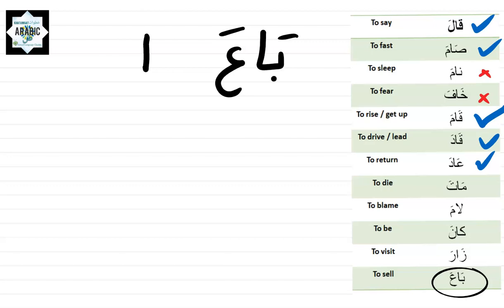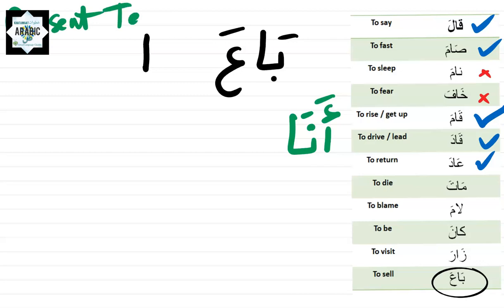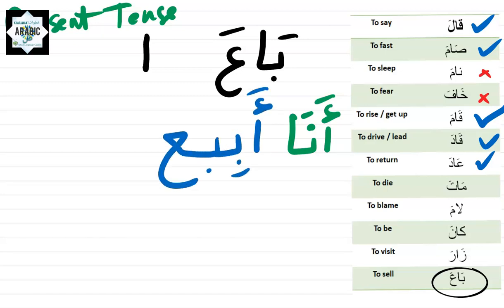Then I will follow the exact same pattern: I will determine the speaker's conjugation in the present tense. That way I can see how this verb changes. And once I change it, it would be أنا أبيع, I sell.